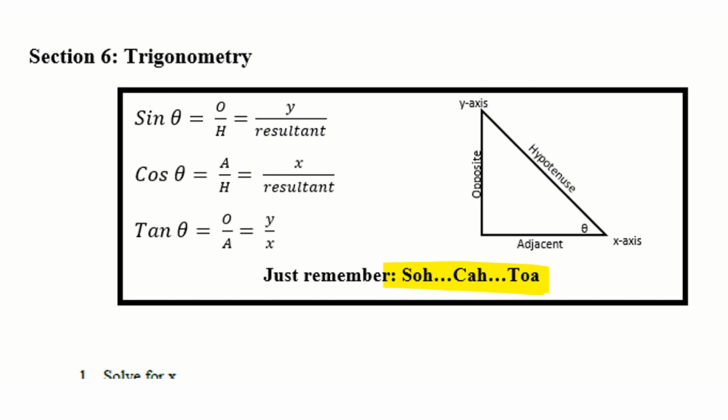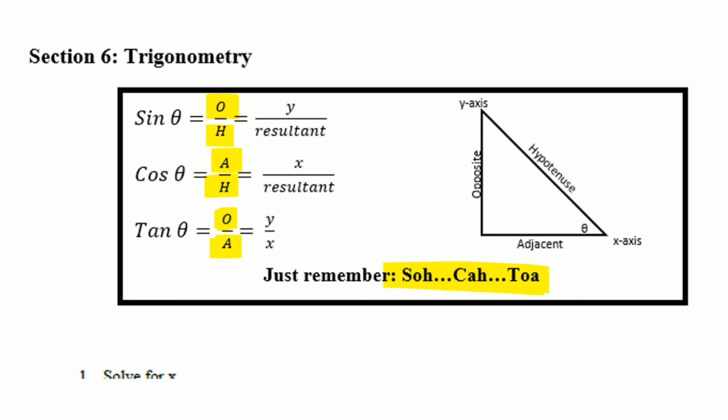So sine, you have SO, which is opposite over hypotenuse. Cosine, which is CAH, you have adjacent over hypotenuse. And then TOA, which is opposite over adjacent. And you need to remember that.